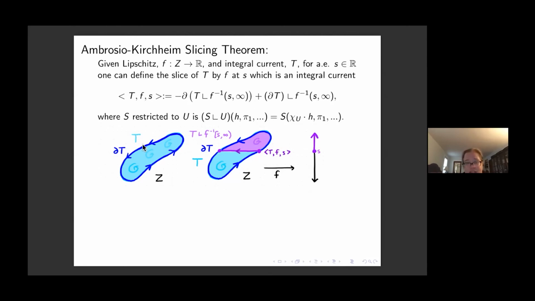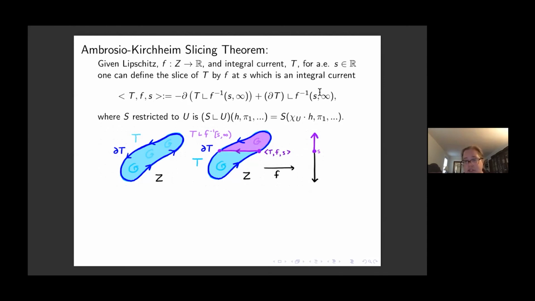If T was a submanifold, the slice T F S is simply the submanifold intersected with F inverse of S. And for almost every S, that will be one dimension lower, and that will be well defined as an integral current. The fact that we have to do this T intersected with F inverse S infinity is just to narrow it down to this part.